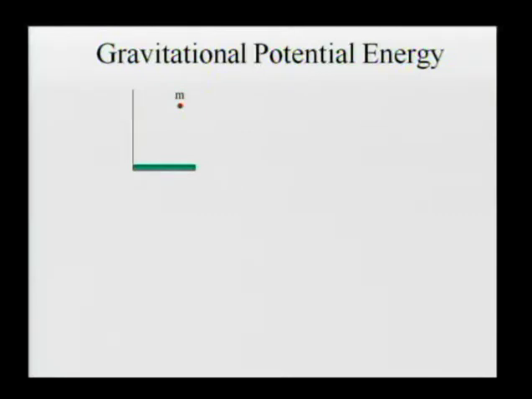First, we have to assign the reference point. Very good. How about if I say that when the pebble is on the lawn, its gravitational potential energy is 0? So I introduce a coordinate system. This is x, this is y, and at the origin I choose gravitational potential energy to be 0.